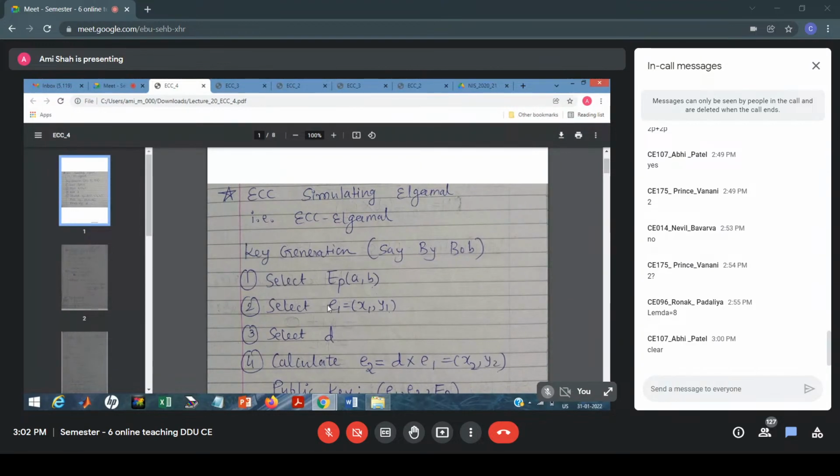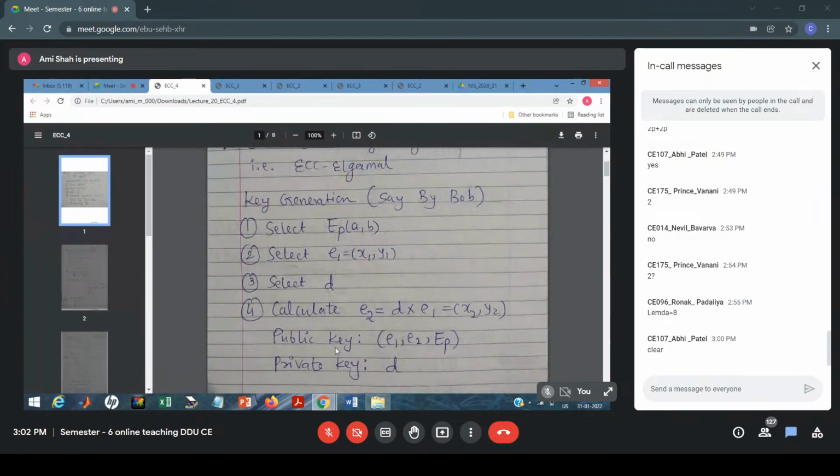So first of all, Bob chooses this E_p(a,b), an elliptic curve over the Galois field P. Then Bob chooses a point on the curve, some point on the curve that I am taking. Then Bob chooses an integer d value.